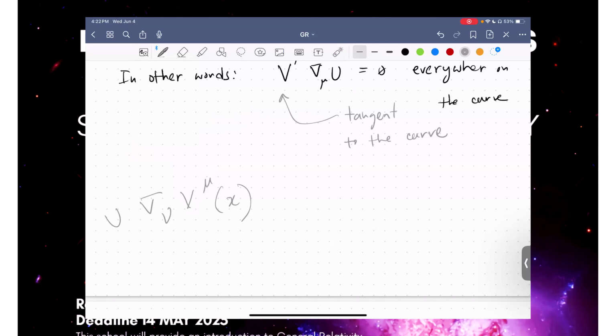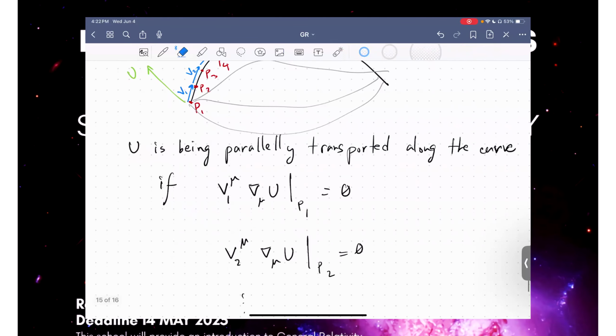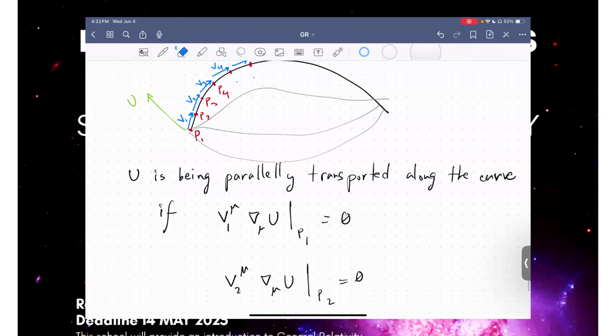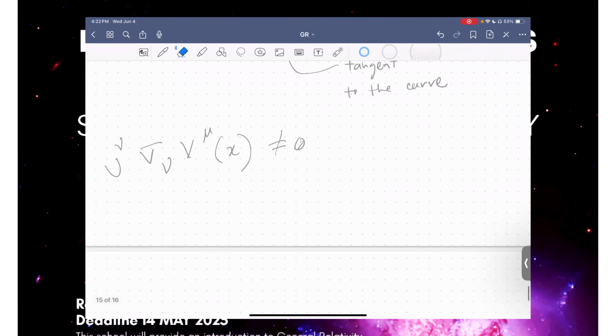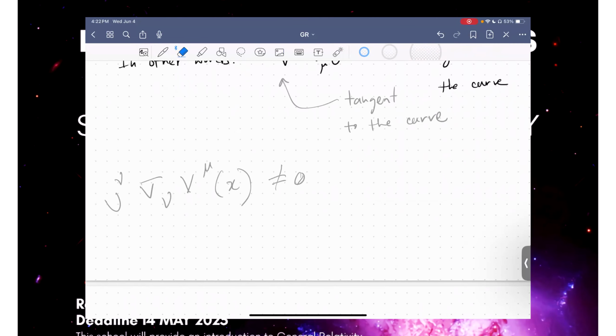Then if you take some other vector and you compute this covariant derivative, it's not going to be 0. So a generic vector field is not parallelly transported from point to point. And simply pointing out when we can say that a vector is being parallelly transported. So a vector that is being parallelly transported is basically equivalent to a vector that's constant along the line, right? So unless you have a constant vector field, it's not being parallelly transported.